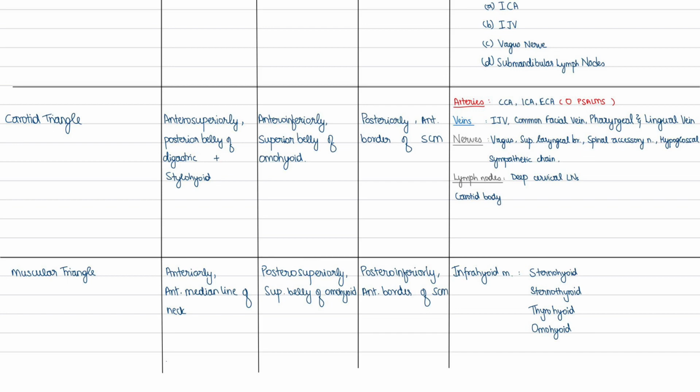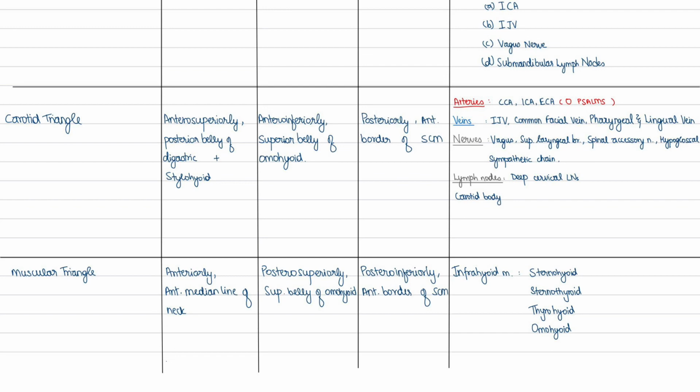Contents, I have color coded them so it's easy to memorize. The arteries that are present in the carotid triangle are your common carotid artery, internal carotid artery, and external carotid artery, branches of which there is this mnemonic which is given in BD Chaurasia, and I have included over here: PSALMS, PSALMS.